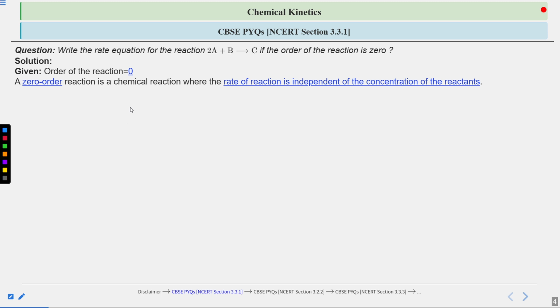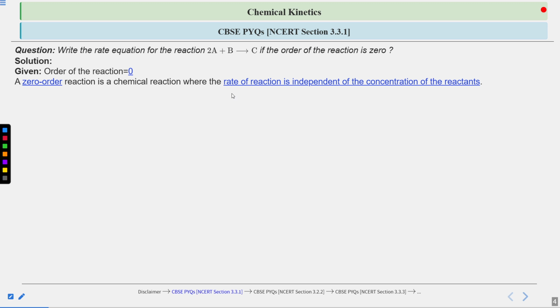Now you can define on the basis of the given statement. Try to explain your answer on the basis of the given quantities. As the order is mentioned as 0, what are the properties of zero order? What is a zero order reaction? A zero order reaction is a chemical reaction where the rate of the reaction is independent of the concentration of the reactants.